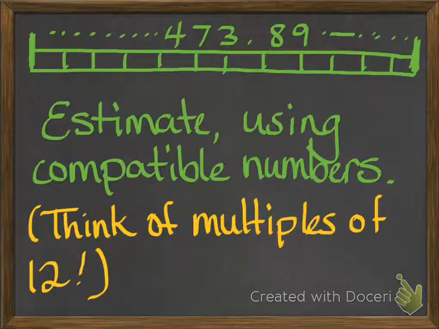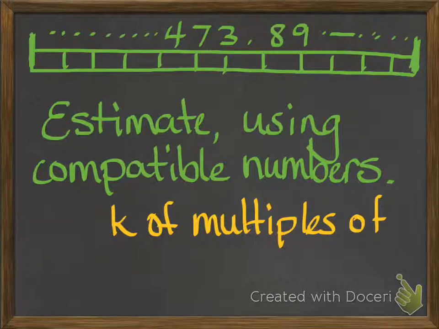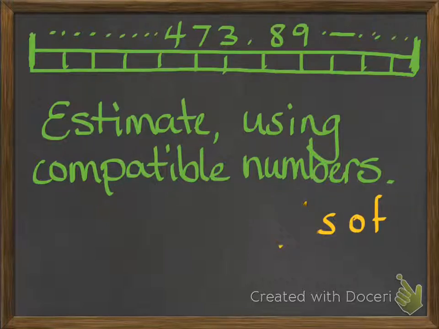You can also use compatible numbers. In this one I said think of multiples of 12. If you think of your multiples of 12, you'll know 12, 24, 36, 48, and so on. The reason this might help you, I'll write those down real quick, is because one of the numbers in our problem is 12, right?